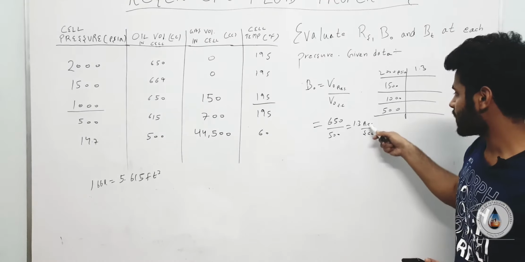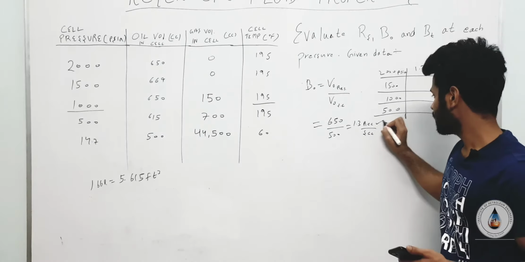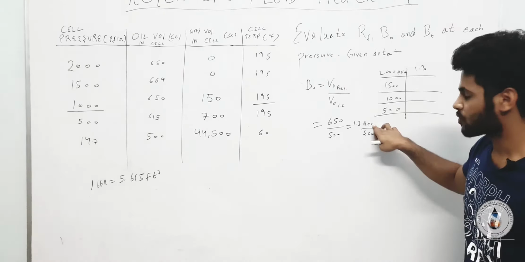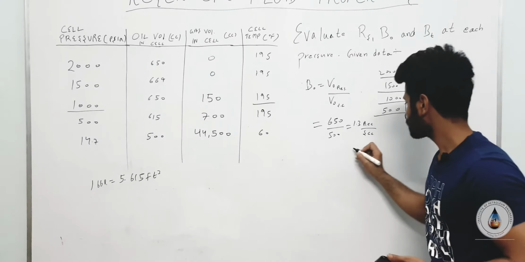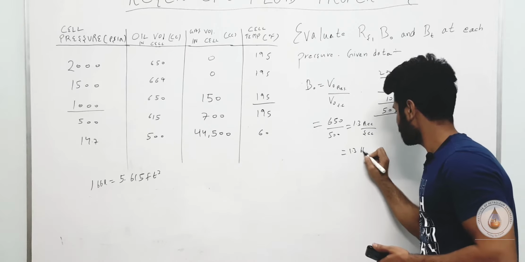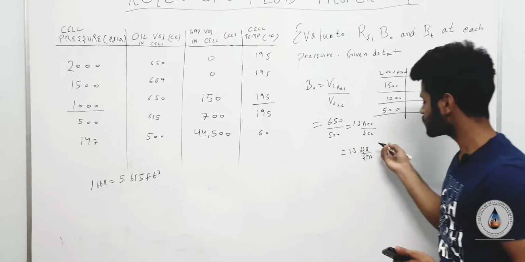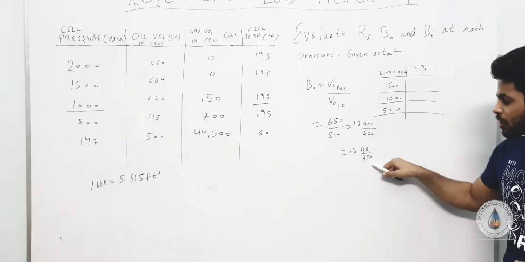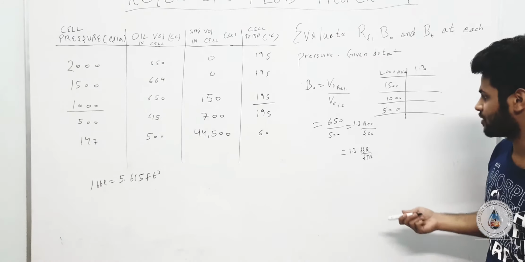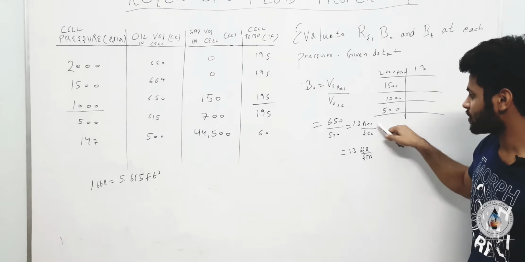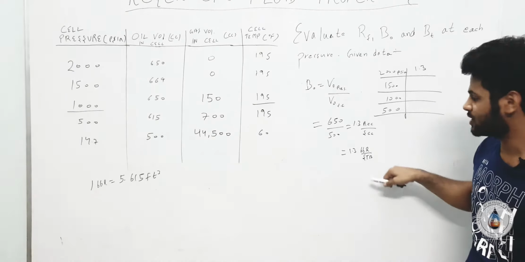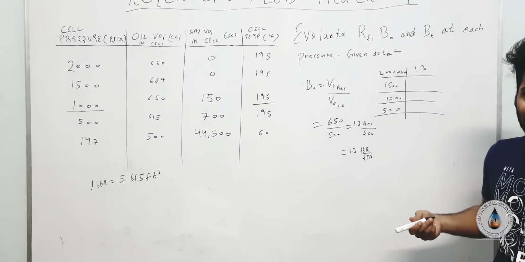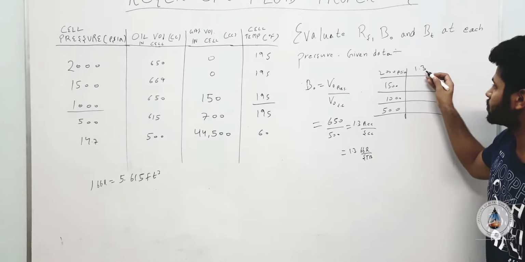Now since this is at reservoir condition and this is at surface condition, I can write this as barrel per stock tank barrel, because stock tank barrel is the unit of barrel at surface condition. So I have just changed my units from cc upon cc to barrel upon barrel, barrel at reservoir condition and barrel at surface condition. Okay, so there won't be much change. So this value is 1.3.